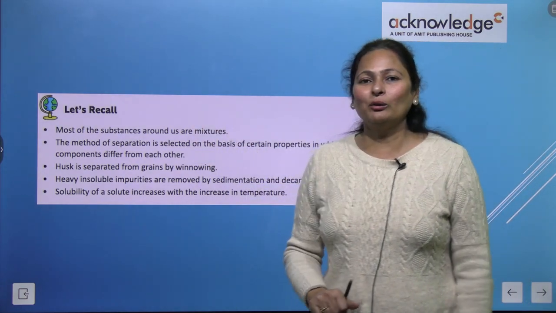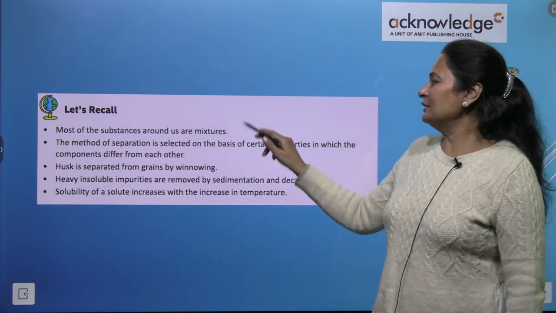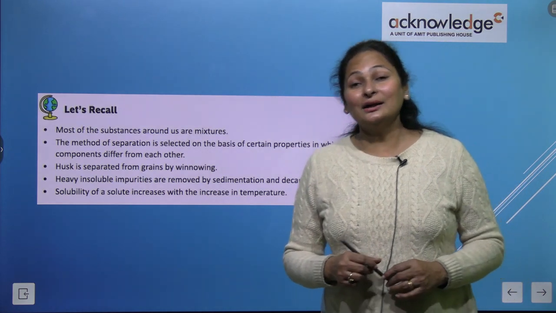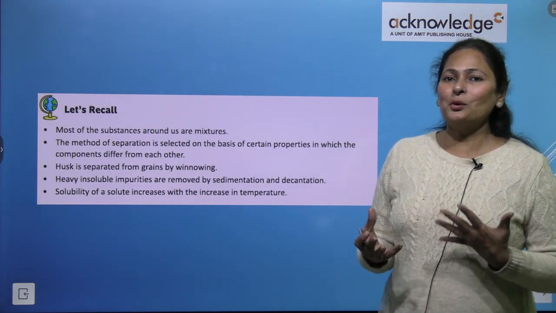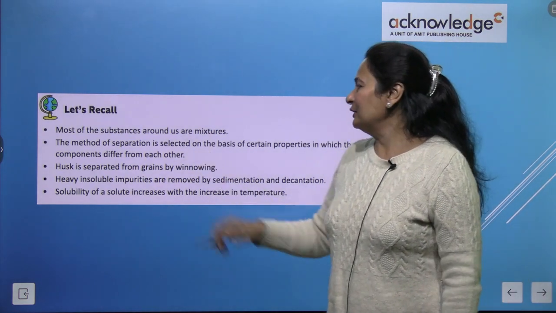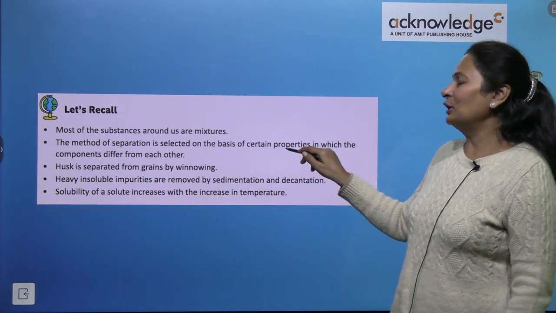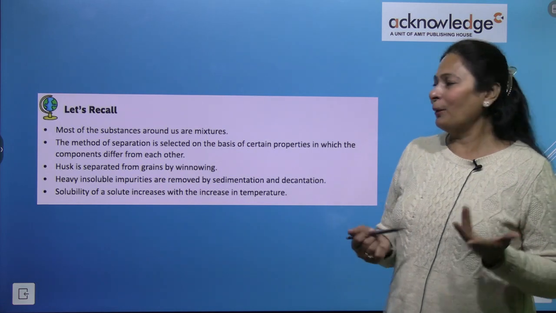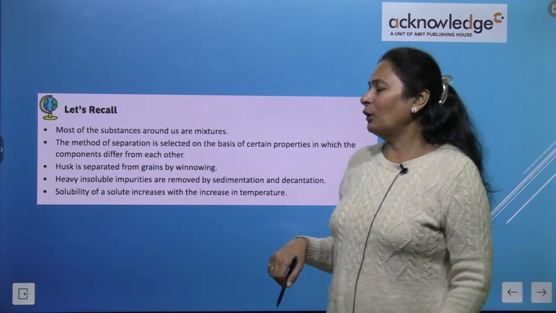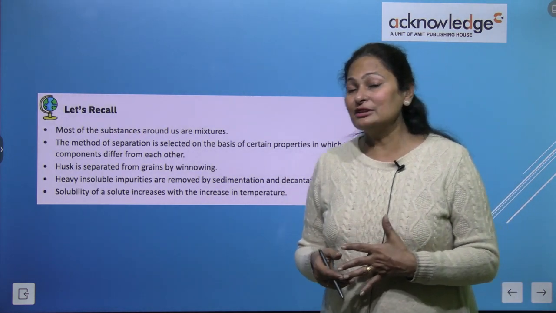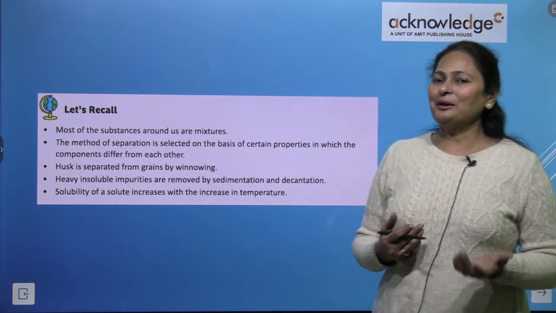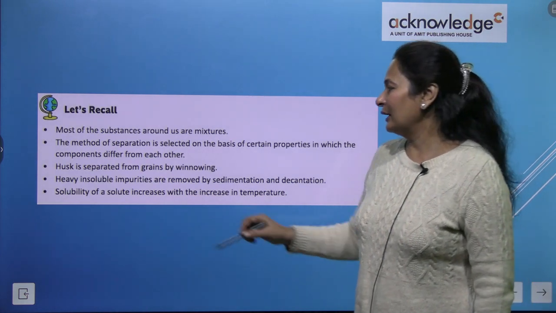So let's recall what we have learned. Most of the substances around us are a mixture of two or more substances, right? The method of separation is selected on the basis of properties in which the components differ. As I told you, we have already discussed the physical properties; chemical properties we will learn in higher classes.